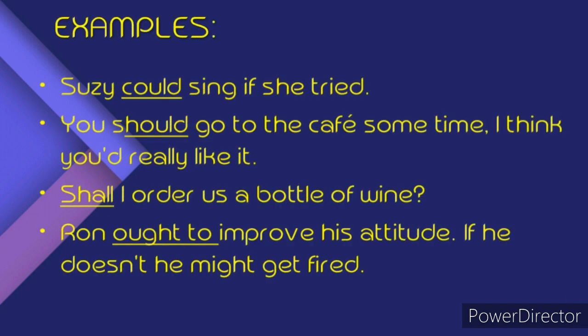Susie could sing if she tried. You should go to the cafe sometime. I think you'd really like it. Shall I order us a bottle of wine? Ron ought to improve his attitude. If he doesn't, he might get fired.